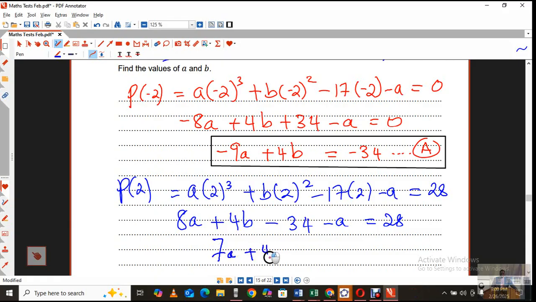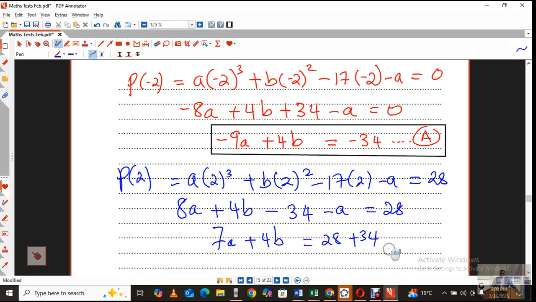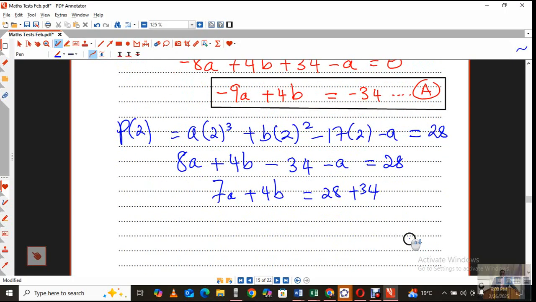The b is going to be b for b. And you have 28 here plus 34. 28 that's 50, plus 12. 50 plus 12 is 62. So we have 7a plus 4b is equal to 62. And that is our second equation.